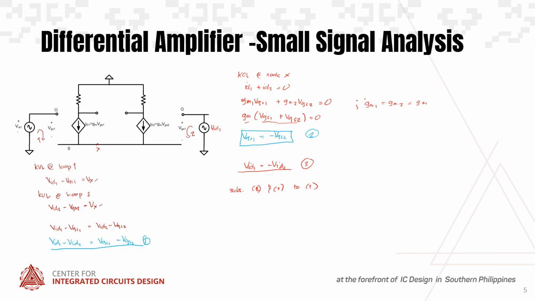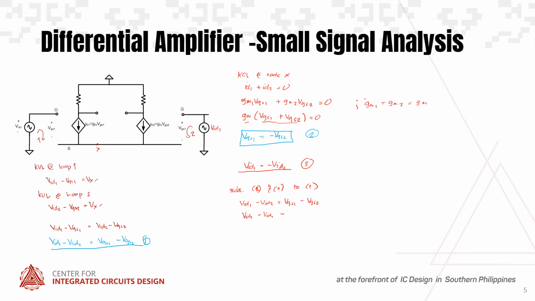We have VID1 minus VID2 equal to VGS1 minus VGS2. This becomes VID1 minus negative VID1 too, because we have said that VID1 is equal to negative VID2, and then VID2 could be equal to negative VID1.